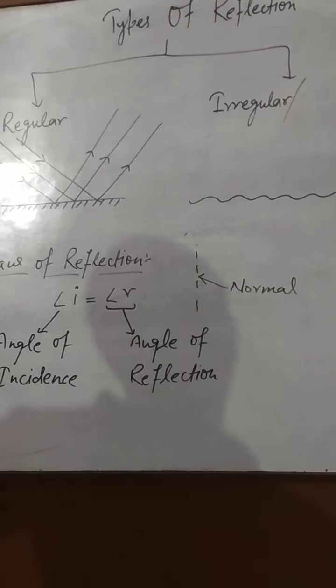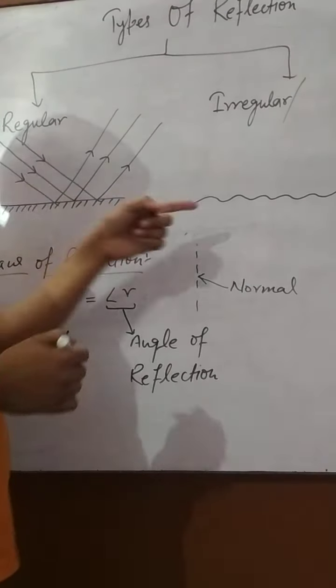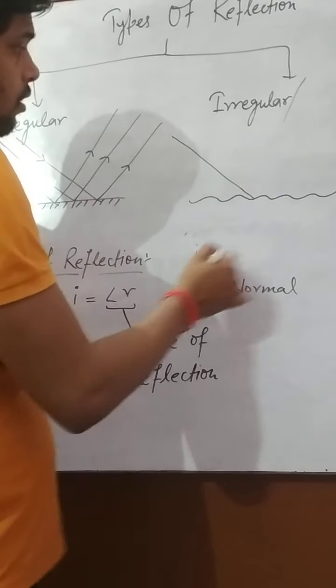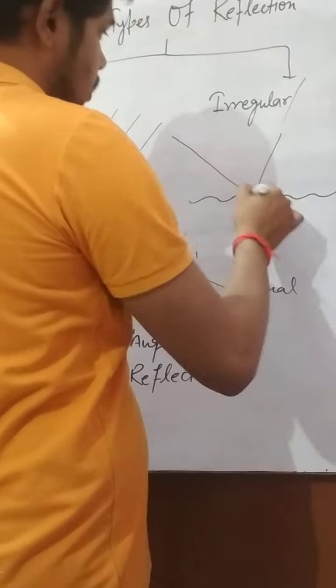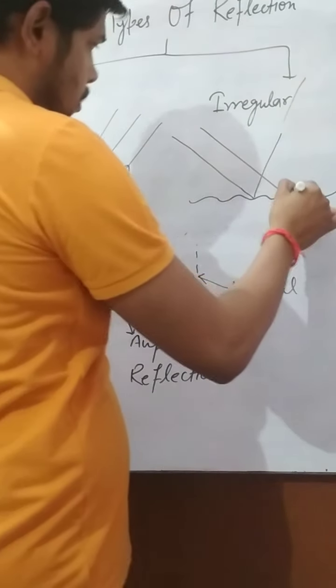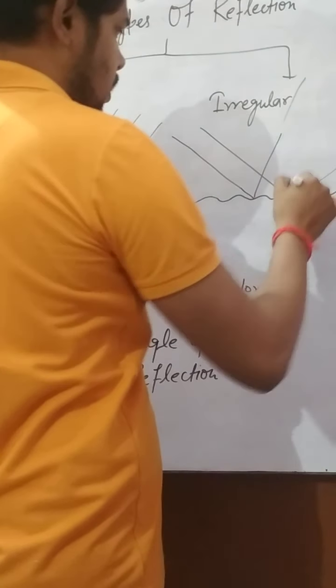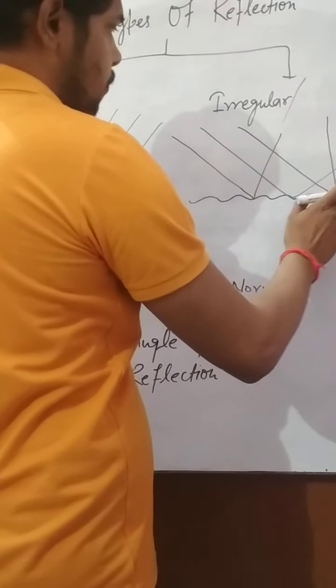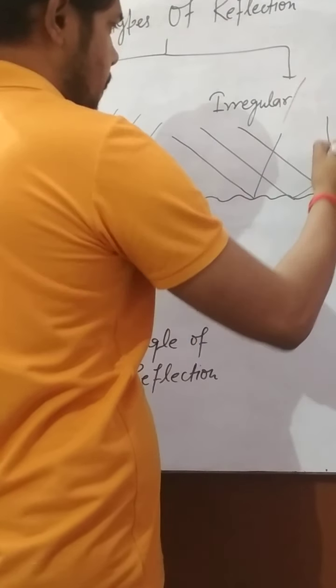Some light beams fall on it, but they divert in different positions.